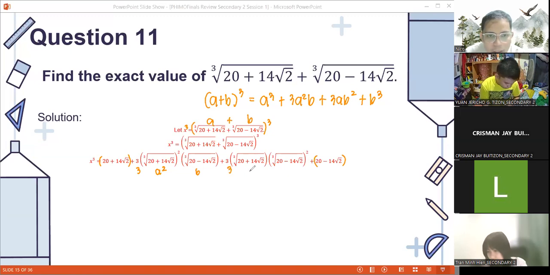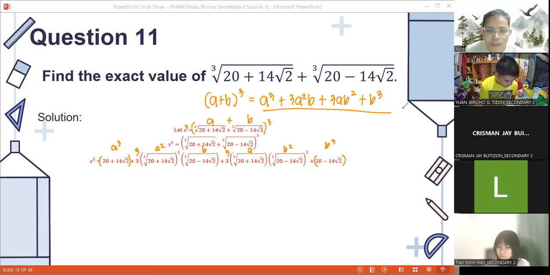This is your 3ab squared, okay? Don't forget that one. We're just following (a plus b) cubed. This is a squared b. This is 3ab squared. This is b cubed. This is a cubed, which is the same with this one, right?